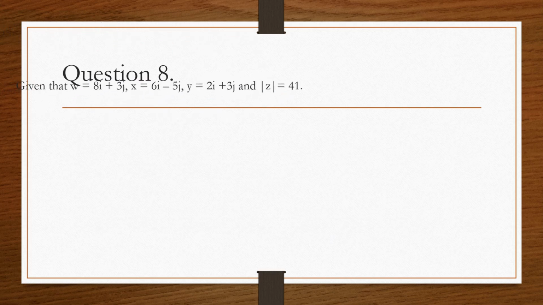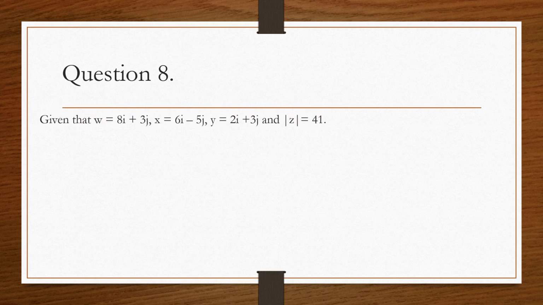My number 8, and I have vectors. Okay, I have 3 vectors here. Let me explain. Vector w I have 8i plus 3j, x I have 6i minus 5j, y I have 2i plus 3j, and I'm told that the magnitude of z is root 41.